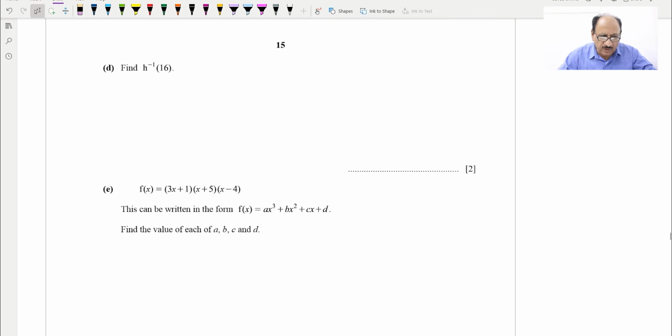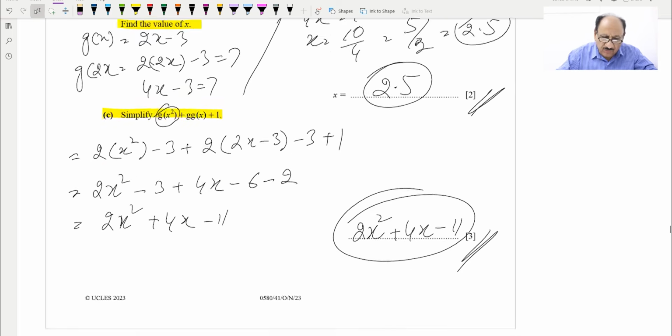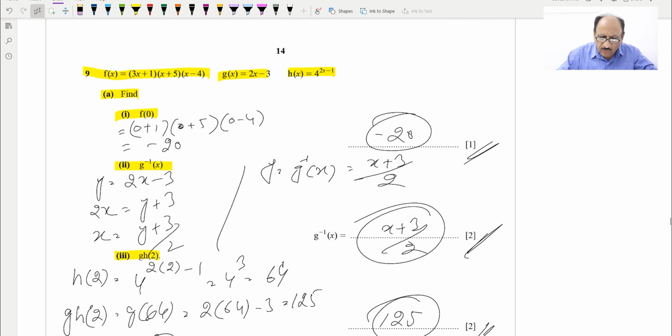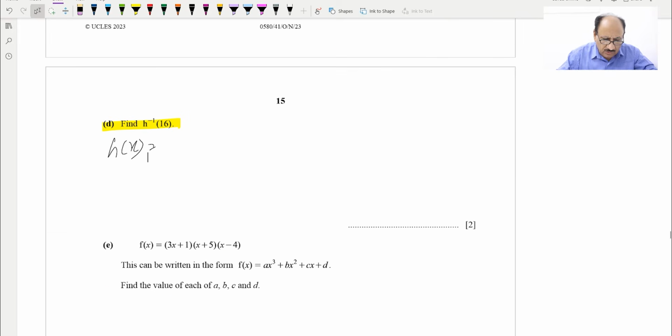So next part, this one is saying find h inverse of 16. h of x is given. h of x is equal to 4 raised to 2x minus 1. Now we need h inverse of x. h inverse of 16 we need to find.